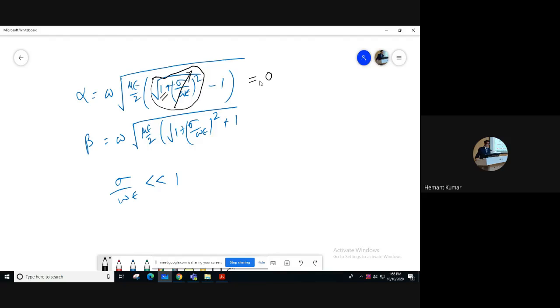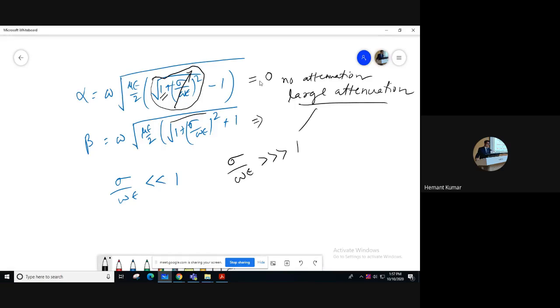It means there is no attenuation, and beta will be maximum. But when sigma upon omega epsilon is much greater than 1, we cannot neglect this. Then there will be large attenuation.